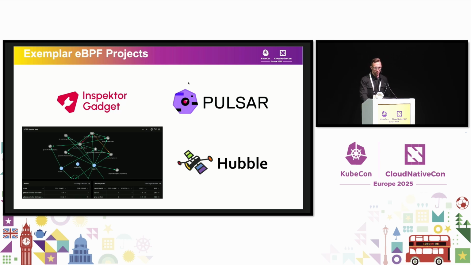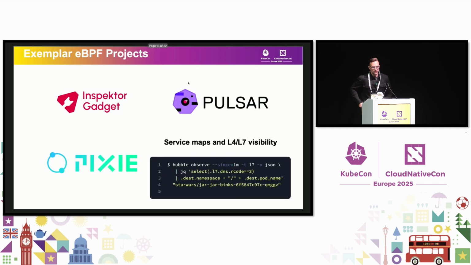And finally, we have Hubble. Hubble is the observability part of the Cilium project, and it provides you with service maps so you can see how all your services are connected, and also gives you deeper inspection into layer 4 and layer 7 events.